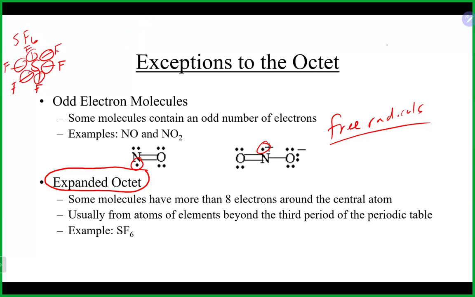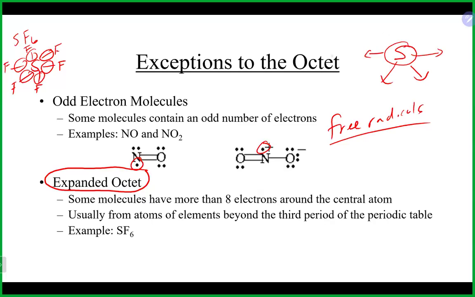If you look at the periodic table where sulfur is located, and you go to the right, you go to the left, and you go down where it is located, those are the guys that have the ability to go over 8. That is because sulfur on the periodic table is period number 3.